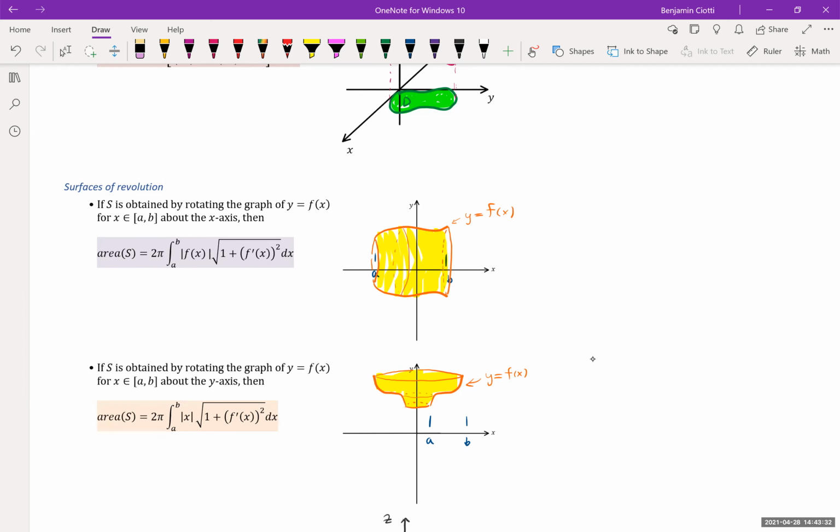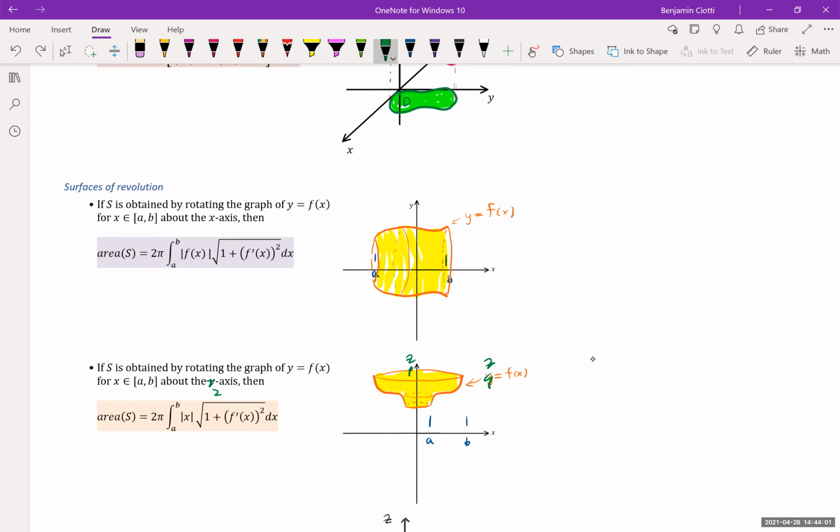So you could rewrite this where this is a z and this is a z and this is a z if you wanted. The point was I was rotating a function of one of the axes around the other axis, and that's when this is the appropriate formula.